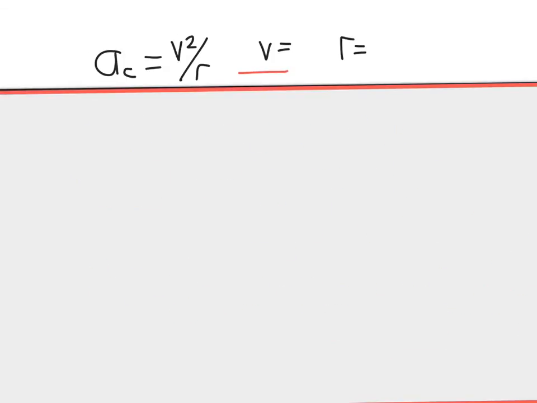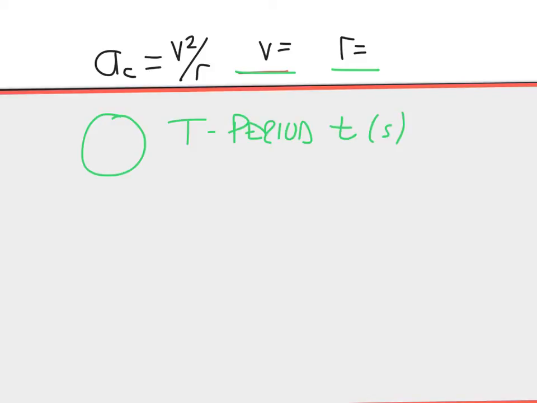So a short summary, solving acceleration v squared over r is easy if you are given the value of v and the value of r. If v is not given, then you need to look at the circle and determine what you have. You might be given the period, which is the time in seconds, or you could be given the frequency, which is in hertz.